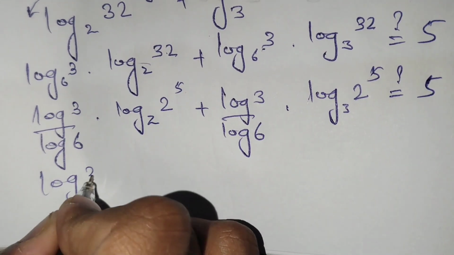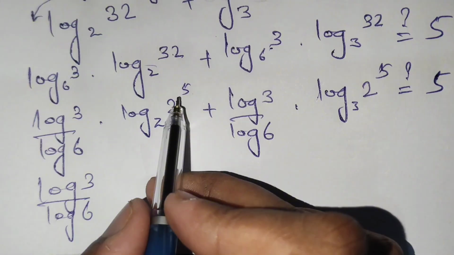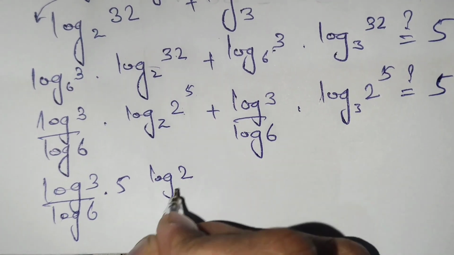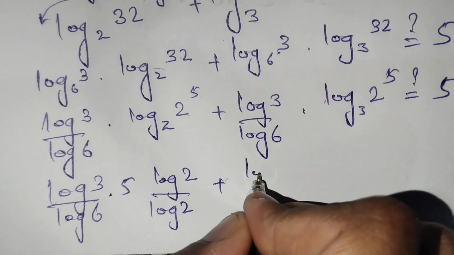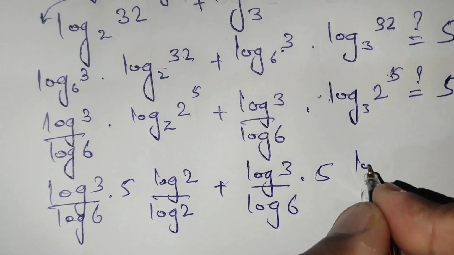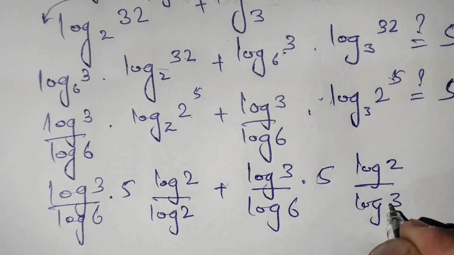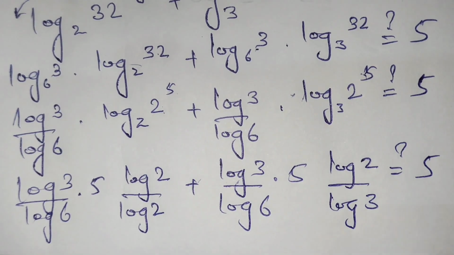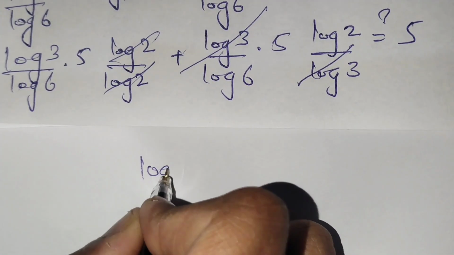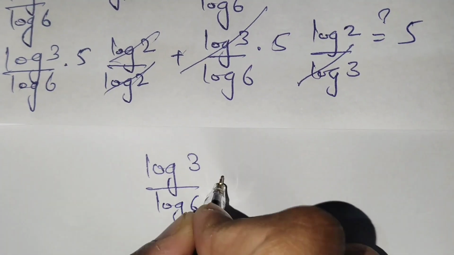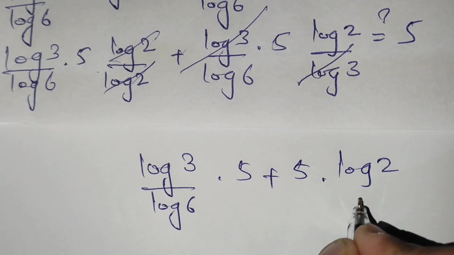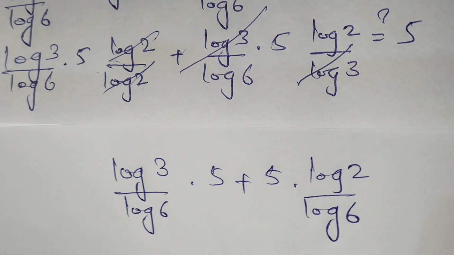This is log of 3 divided by log of 6 times 5 log of 2 by log of 2, plus log of 3 divided by log of 6 times 5 log of 2 by log of 3, equals 5. Log 2 cancels with log 2, log 3 cancels with log 3. We have log of 3 divided by log of 6 times 5 plus 5 log of 2 divided by log of 6 equals 5.